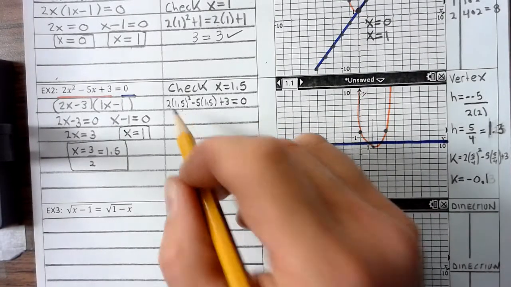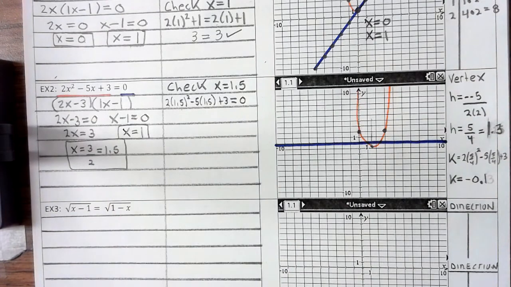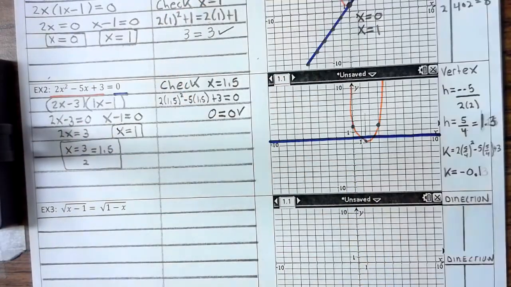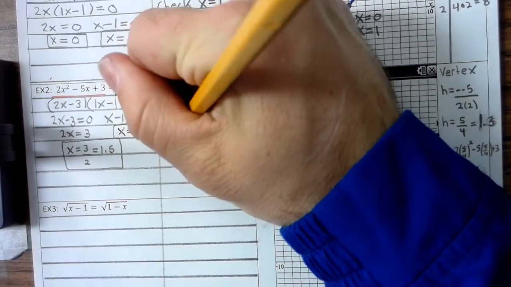And when you plug that into your calculator, 2 times 1.5 squared minus 5 times 1.5 plus 3 equals 0. That checks. Now let's check x equals 1.